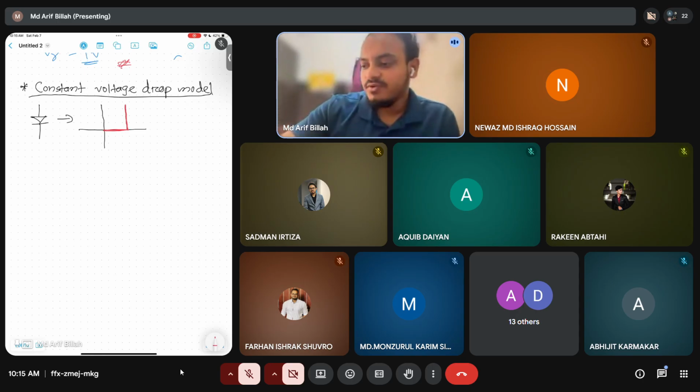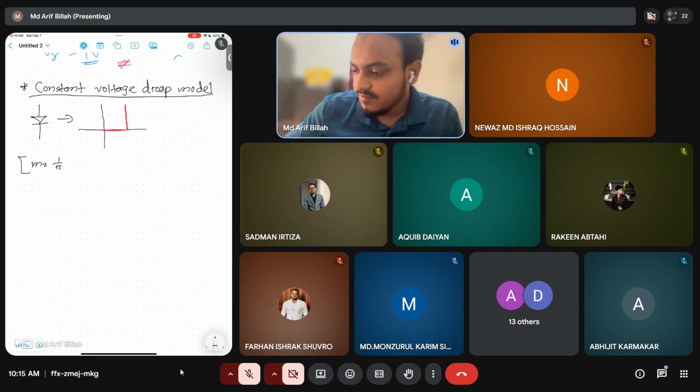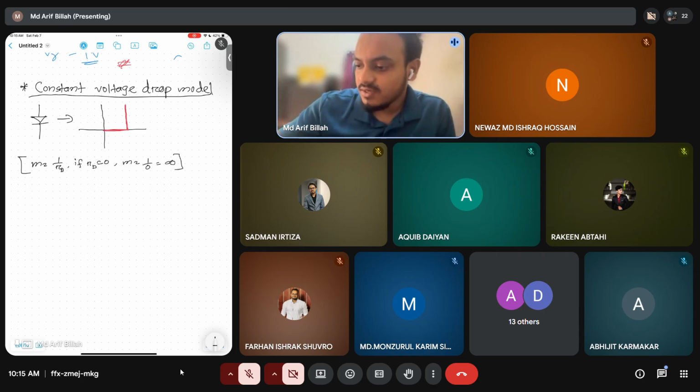তাহলে কি হয়? If you don't have any resistance, তাহলে আমরা জানি যে স্লোপ m হচ্ছে 1/r, রাইট? এটা যদি হয় 0, if RD equals 0, তাহলে m হচ্ছে 1/0, infinity. So that's the plot you get when you have infinity.